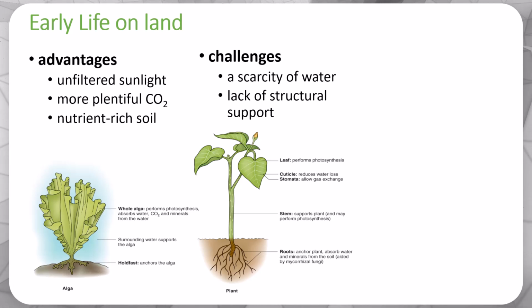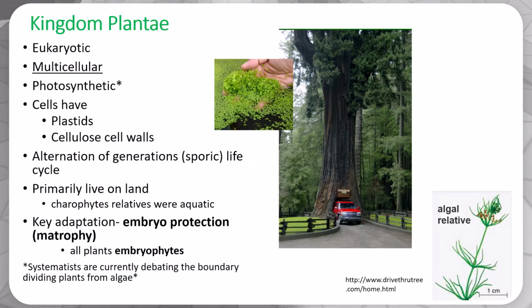If you take algae out of water, it flops around, right? It's not really supported, whereas plants on their own are able to support their bodies without water. Well, they have to have water inside their body because they're roughly 70% water, but you get what I'm saying? They don't need to have the water outside of their body to hold their body up.